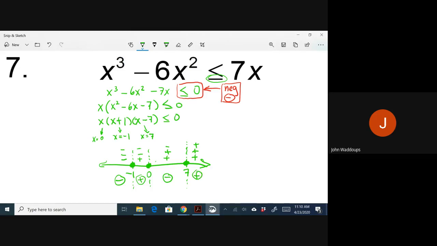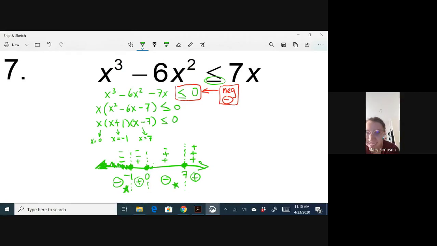So we're looking for the negative intervals. That would be the far left one and then the one in between 0 and 7. So we can shade off here to the left, and then shade in between 0 and 7.